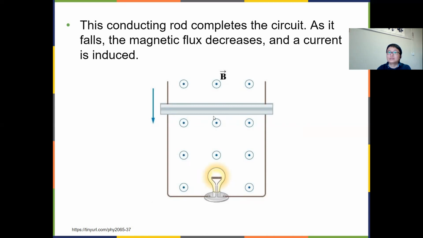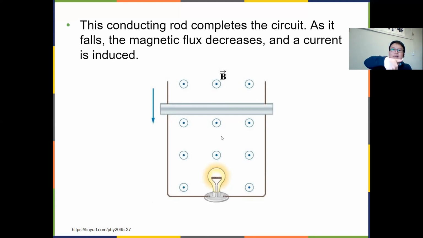So magnetic flux actually decreases because area decreases. To oppose that effect, your induced magnetic field should be in the same direction as the original magnetic field, because that's the added magnetic field. So that will slow down the decrease of magnetic flux because you add that induced magnetic field. So the magnetic field should still be pointing outward here.